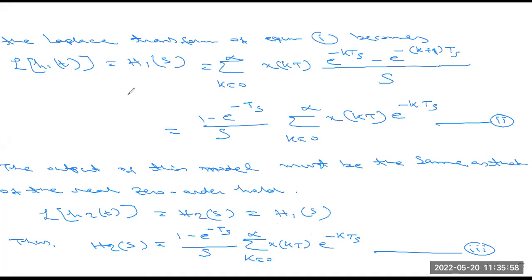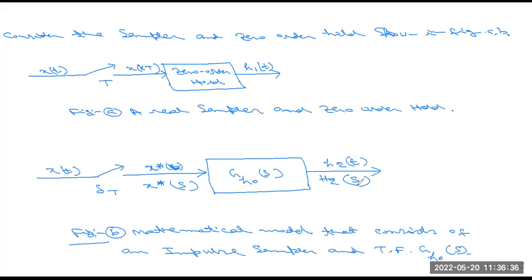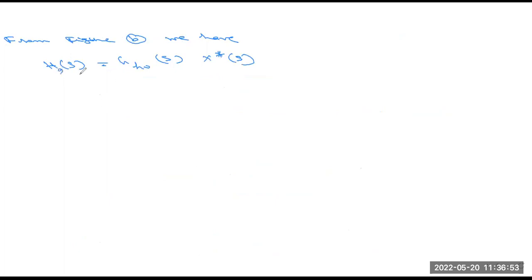Okay. Now from figure B, as drawn on the previous page, we have H2 of s equal to G h0 of s into X asterisk of s. You have to see this in the previous diagram. So here we retain H2 of s, which is equal to G h0 of s into X asterisk of s.